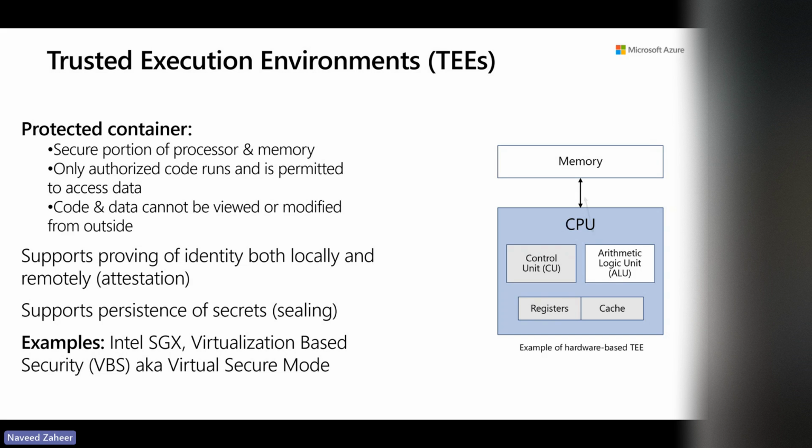And it also supports attestation, because let's say that you run your code. Before you can run it, you want to make sure that this is a secure environment. Just like I was talking about the metaphor for a secure meeting, the room is secure. So how do you test it out?